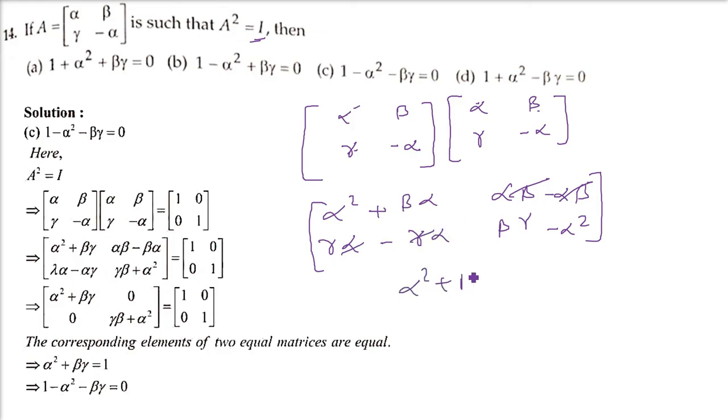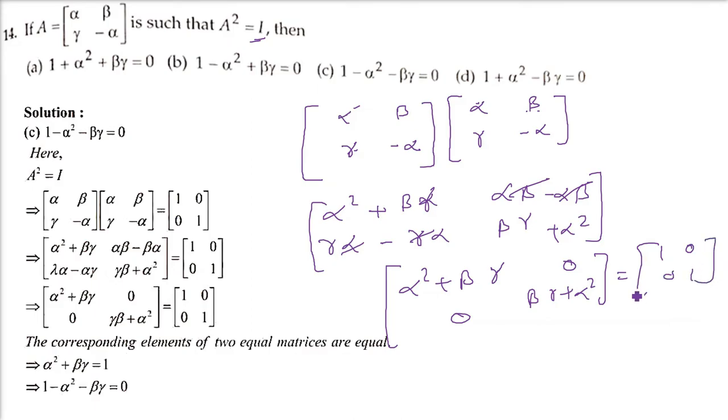Alpha square plus beta gamma, and this is 0, this is 0, and this is beta alpha, and as I said, minus will become plus, and we need to add it. It will be beta alpha plus alpha square equals the identity matrix, that is going to be 1 0 0 1. Okay, now let us equate it.